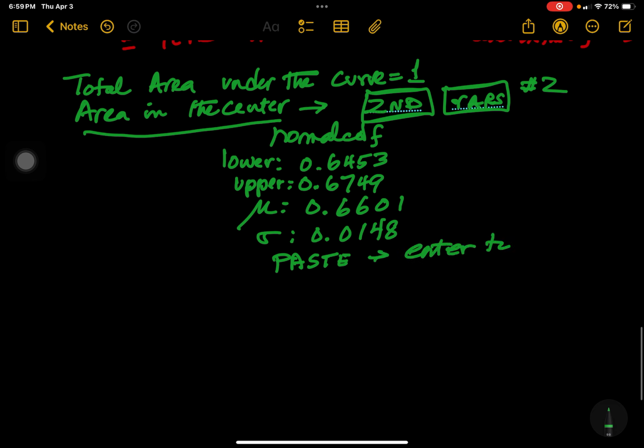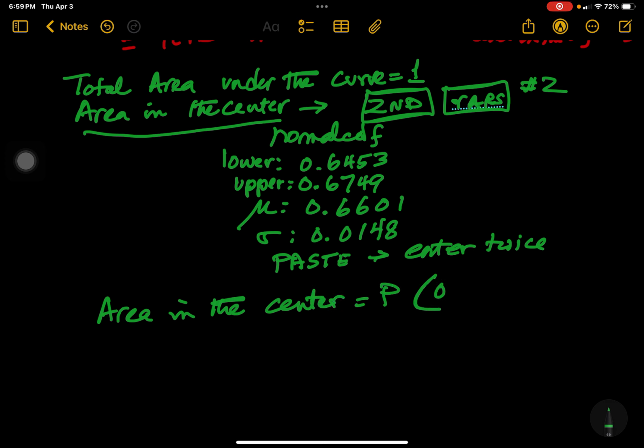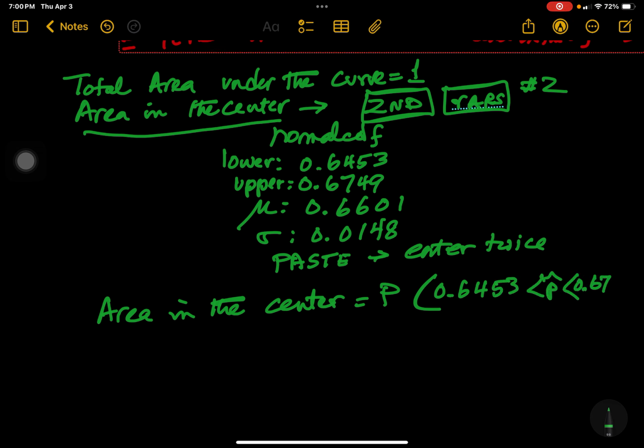This will give us the area in the center. So the area in the center is the probability that p hat is between 0.6453 and 0.6749. Okay, and we do it this way. Second, vars, 2, lower in this case is 0.6453.